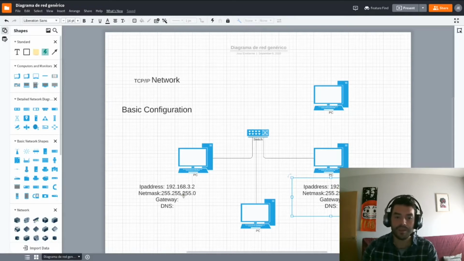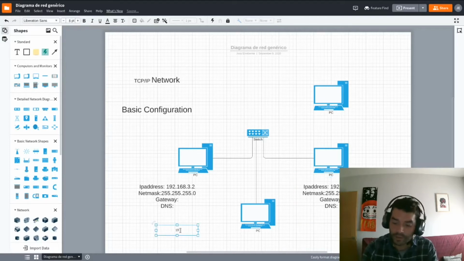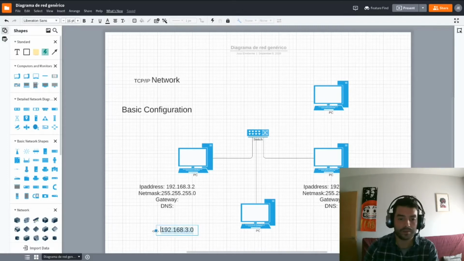Why? Because if we combine the net mask and the IP address, we can see that both of them are in the same network. Which is going to be that network? It is going to be the 192.168.3.0 network, okay? I'm going to put it network here.